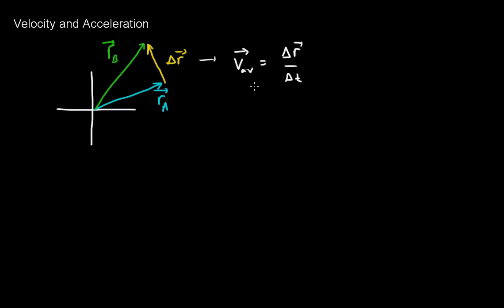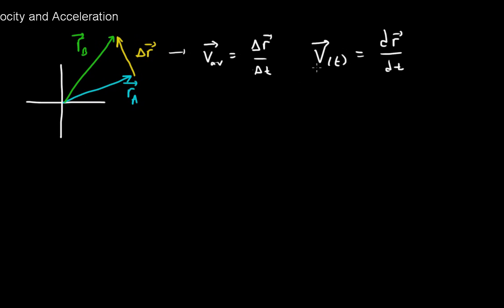The instantaneous velocity, of course, is the limit as delta t goes to 0. So we would have v as a function of t equal to dr dt, where dr is just an infinitesimal displacement. To get this value, we really should go back and look at what r is.